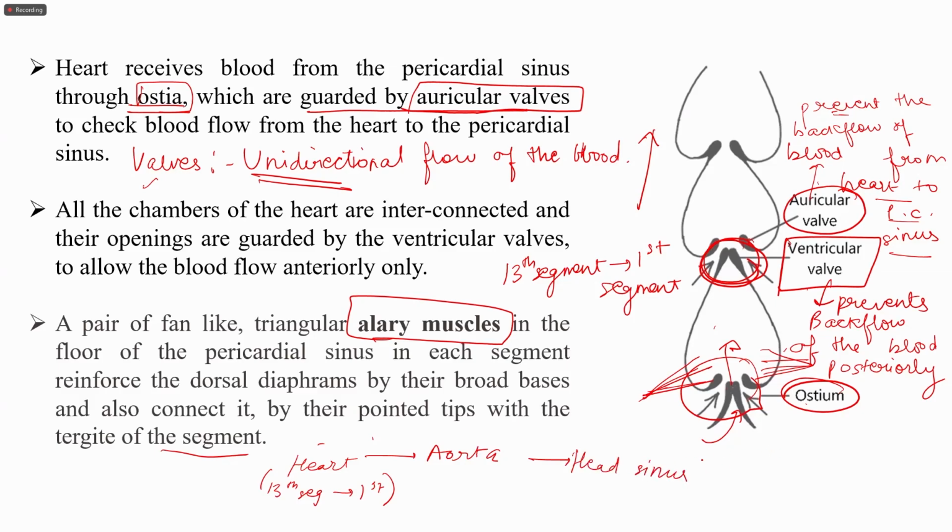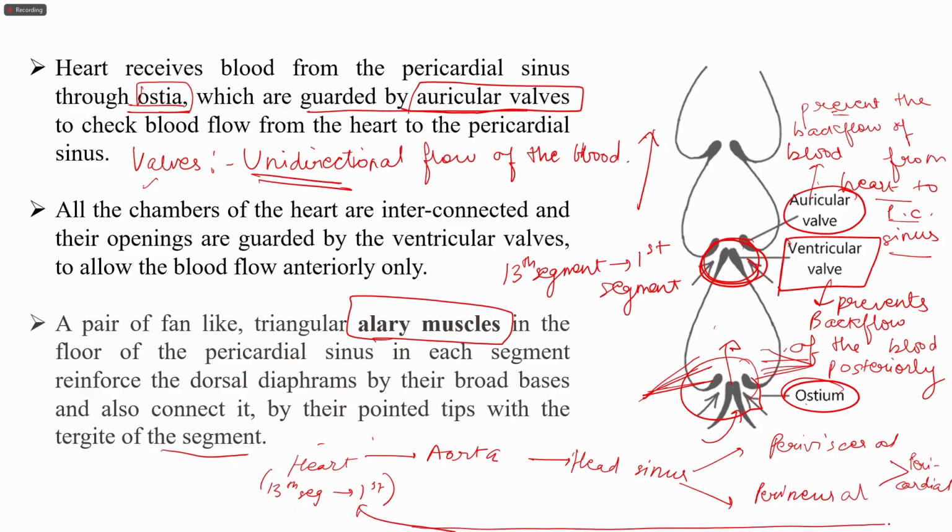Then from there, it goes to the perivisceral sinus, that contains the visceral organs, and the perineural sinus, that contains the nerve cord. Again, the blood is collected in the pericardial sinus, and from the pericardial sinus the system starts again. So this is how the blood flows from the heart, which is the 13th segment, to the first segment.